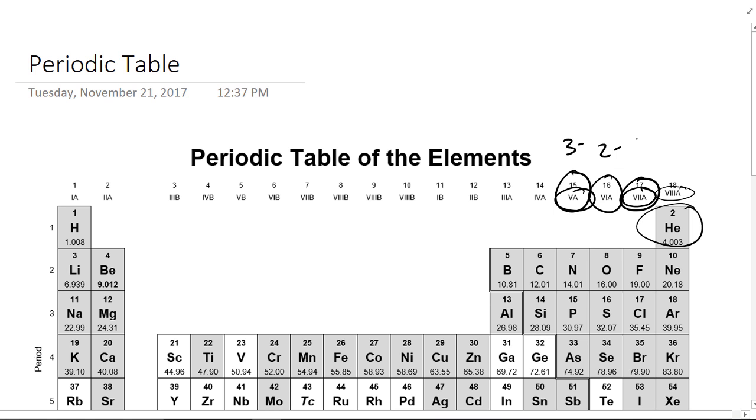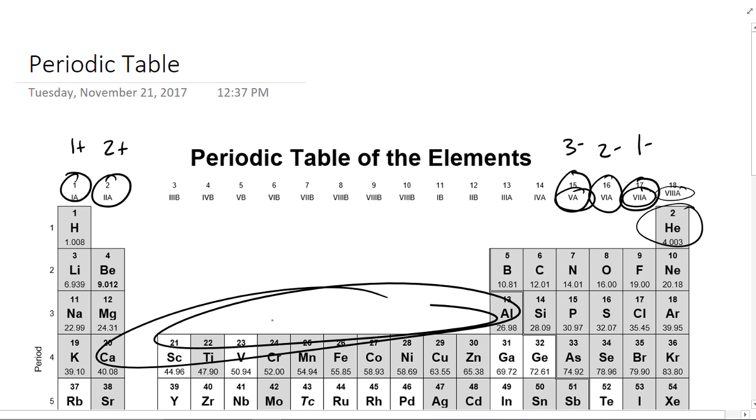Everything here in group 17 would have a charge of 1 negative because they were gaining 1 electron. Likewise here, everything in group 1A would have a charge of 1 plus because these would always lose 1 electron. These here would always have a charge of 2 plus because these would always be losing 2 electrons.